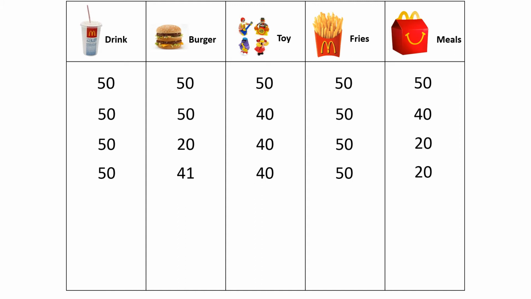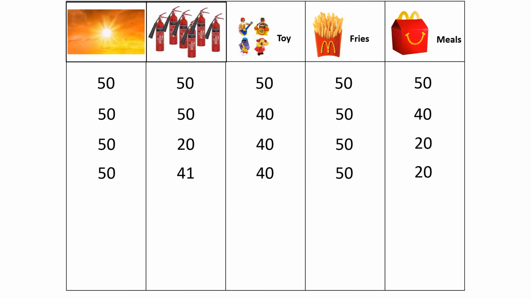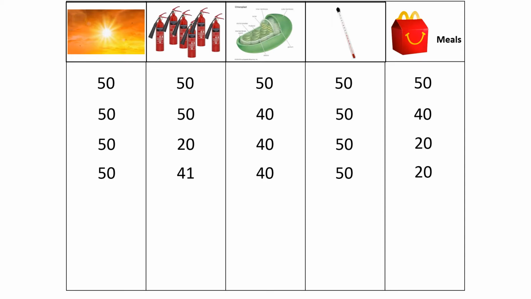Earlier I said you'd have to trust me in terms of what's this got to do with limiting factors in photosynthesis. Well, if we replace the drink, the burger, the toy, the fry, and the Happy Meal with light intensity, carbon dioxide concentration, amount of chlorophyll, and the temperature, and the number of Happy Meals becomes the rate of photosynthesis, all the same rules apply.